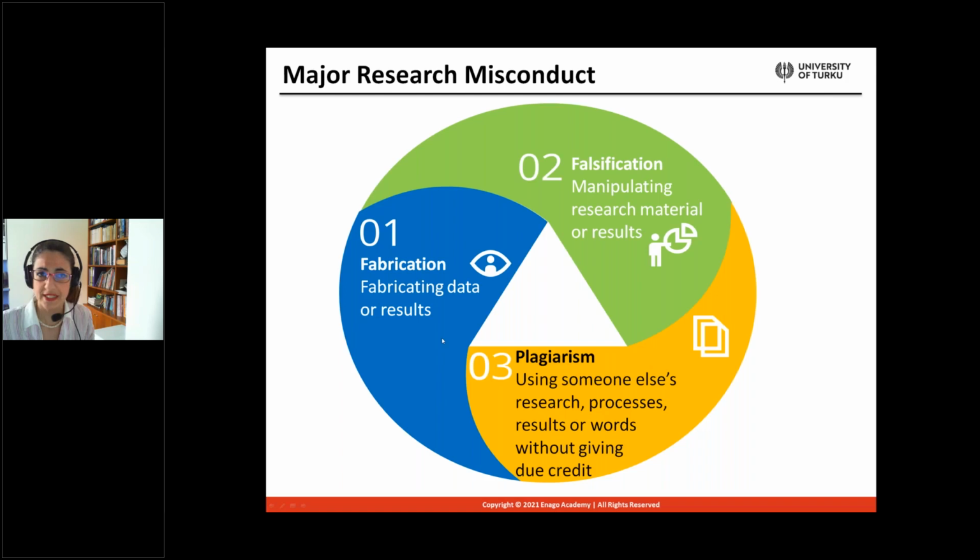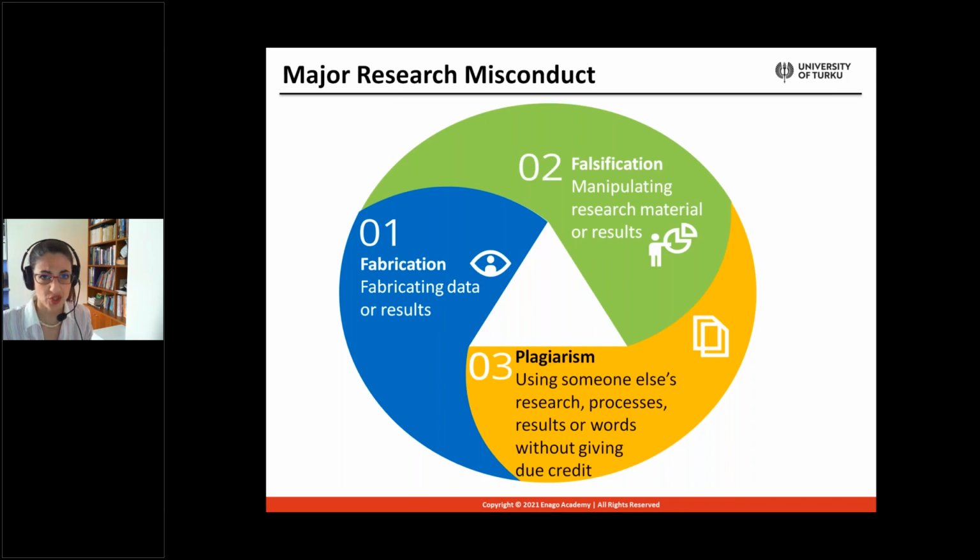First of all would be data fabrication, fabricating data or results. So actually presenting findings that you did not really observe. Two is falsification, which is manipulating the research material and results so that it looks the way you want it rather than the way it actually is.